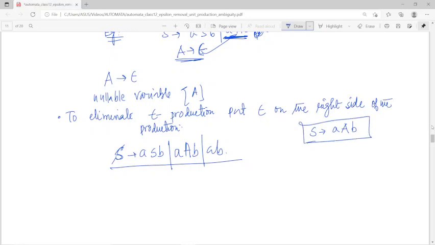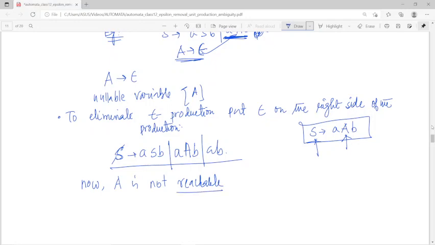Because we cannot generate terminals. That means from the start state we should reach a terminal string, but if we just write AAB, we cannot reach a terminal string, because there is no rule which can substitute the value of A. So since we are not generating a terminal, A is not reachable.